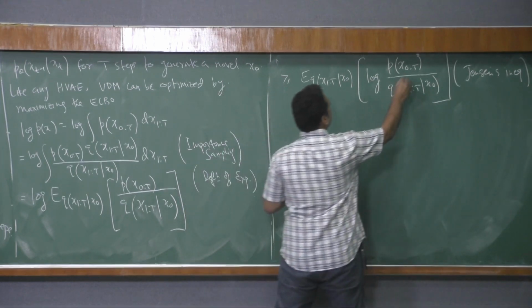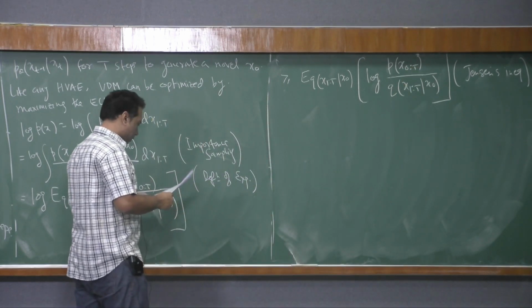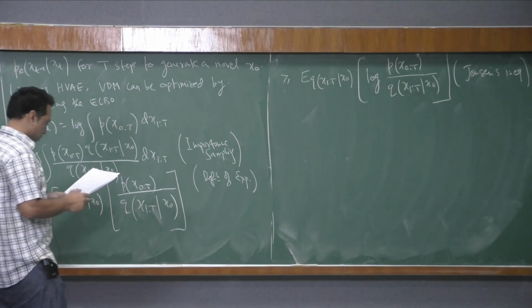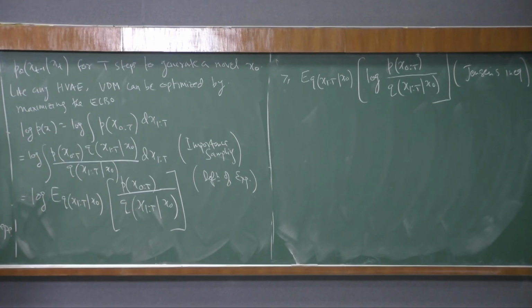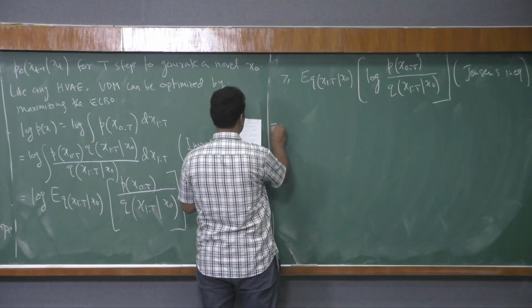Okay, and we can substitute the definition of p of x 0 to t that we wrote. I guess we wrote it here. So with that we substitute.